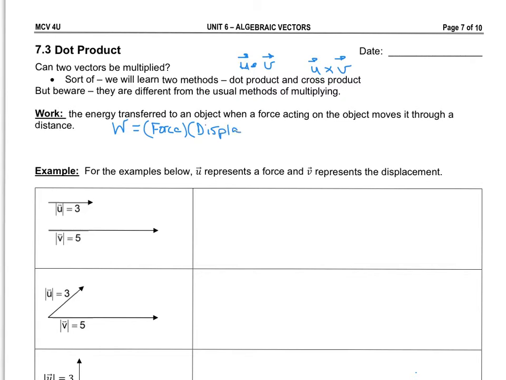Now, when we talk about vectors, this force is in newtons and displacement is in meters. So newton meters, or we use the unit joules, so measured in joules. And we denote that with a capital J.